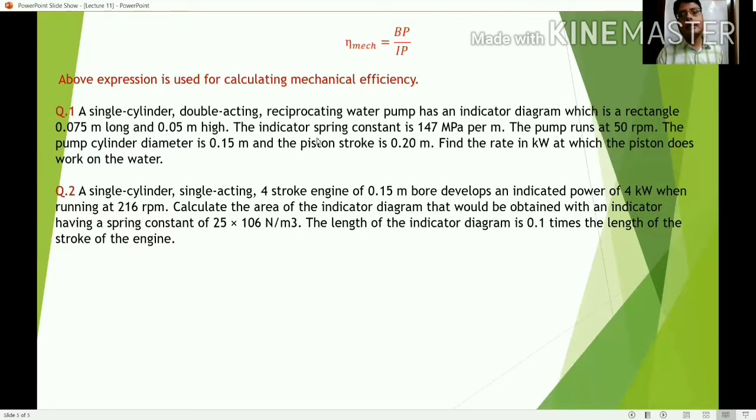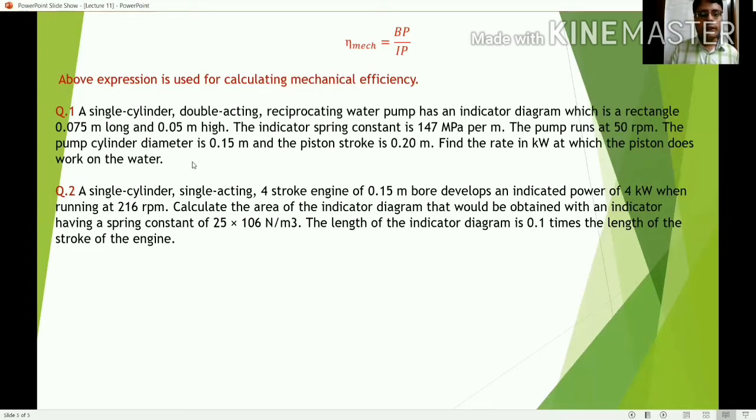The indicator spring constant is 147 megapascal per meter. The pump runs at 50 rpm. The pump cylinder diameter is 0.15 meter and the piston stroke is 0.20 meter. Find the rate in kilowatt at which the piston does work on the water.